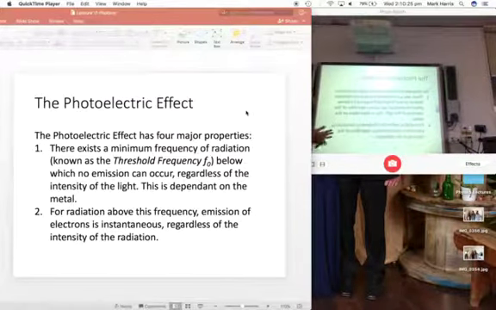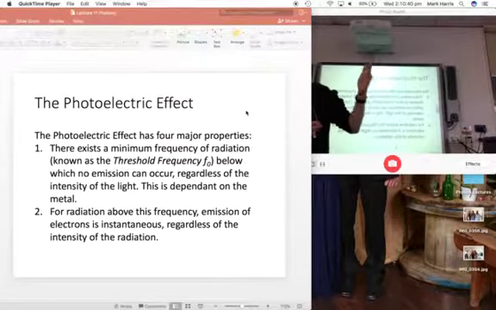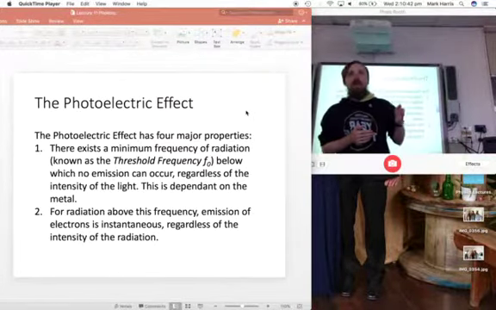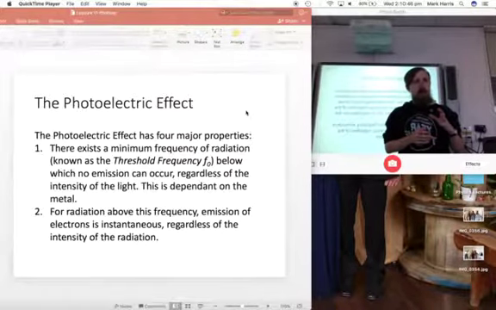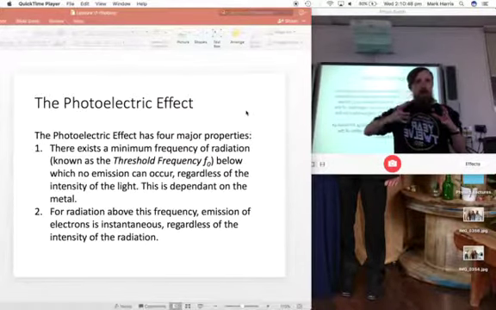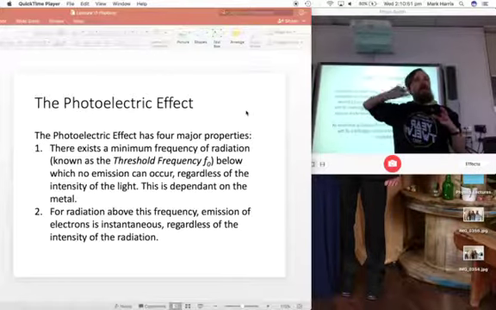The first one is there exists a minimum frequency of radiation known as the threshold frequency, below which no emission can occur regardless of the intensity of the light. This is dependent on the metal. So you have a piece of metal. You have a light, and you can turn the frequency up on this light.